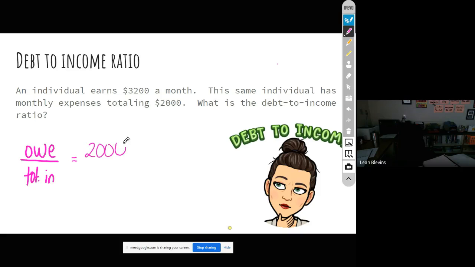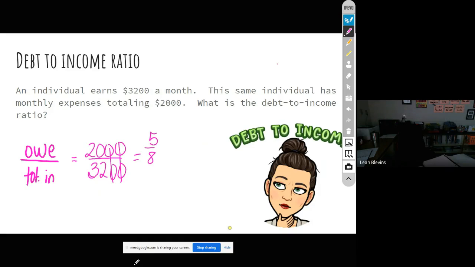Perfect. 2,000 divided by 3,200. I can see that those would cancel. So now if I could just mentally calculate 20 over 32, I can see they're both divisible by 4. So that would be 5 over 8.